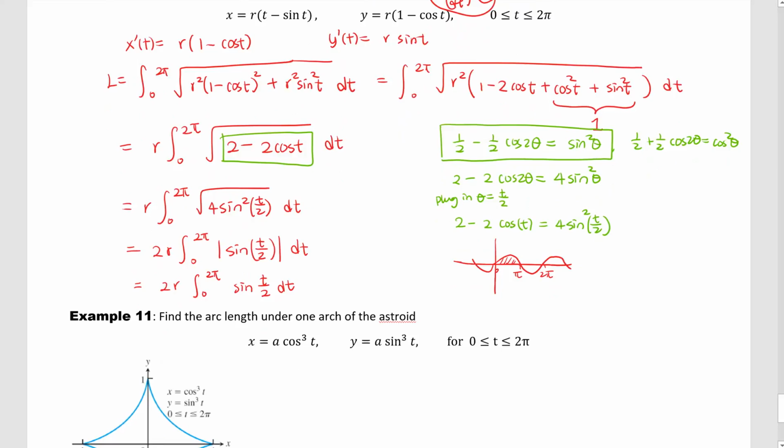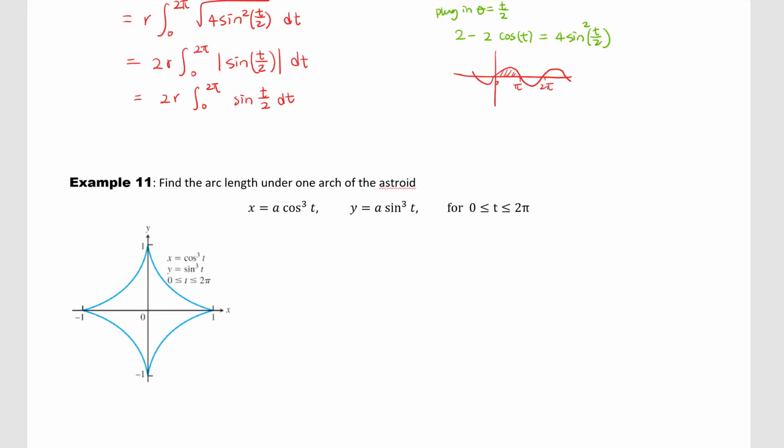Let me get more space here. We have 2r. The integral of sine: think about the derivative of cosine being negative sine. So we have negative cosine. And then we divide by 1/2, which is the same as multiplying by 2. Evaluate from 0 to 2 pi.